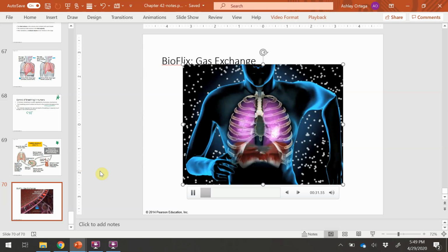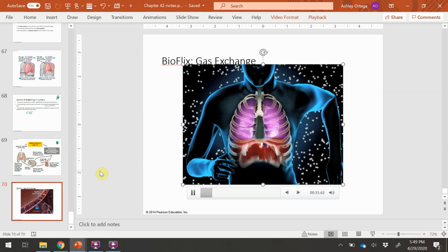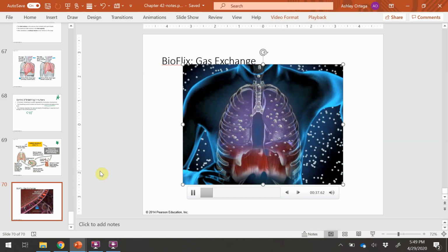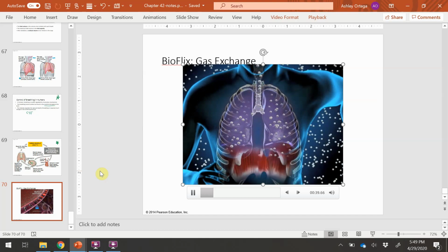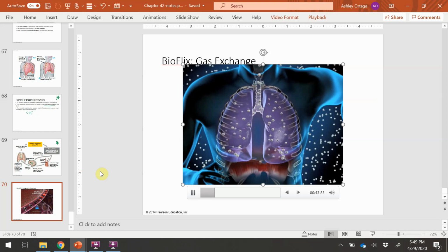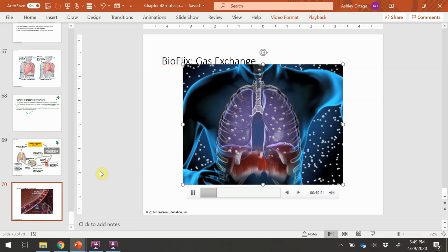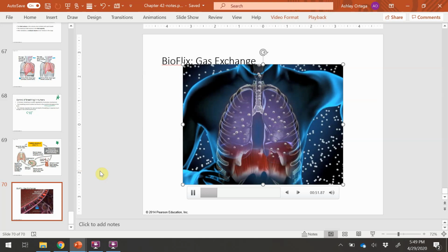When you exhale, these muscles relax, decreasing the volume of the lungs. When the lungs expand, air pressure in the lungs drops, causing air to flow into the lungs. When lung volume decreases, air pressure increases, causing air to flow out of the lungs.